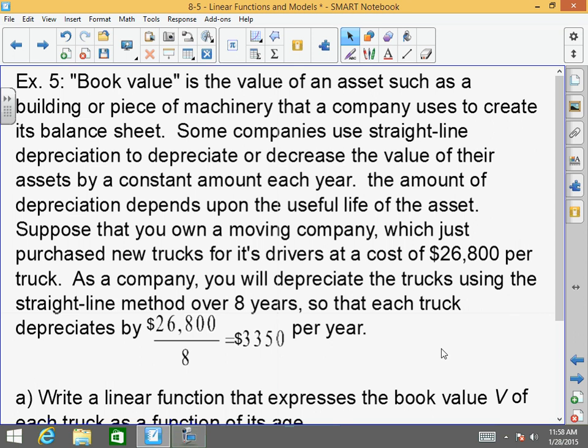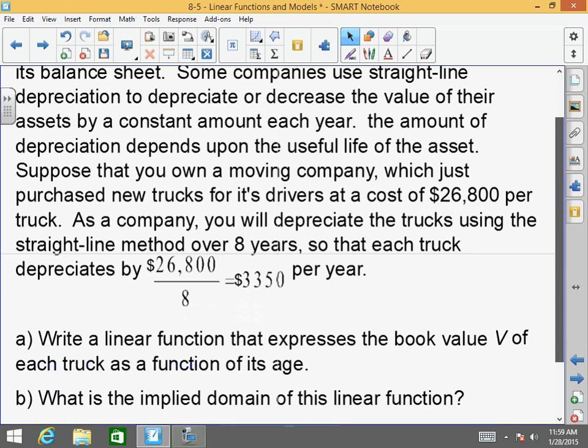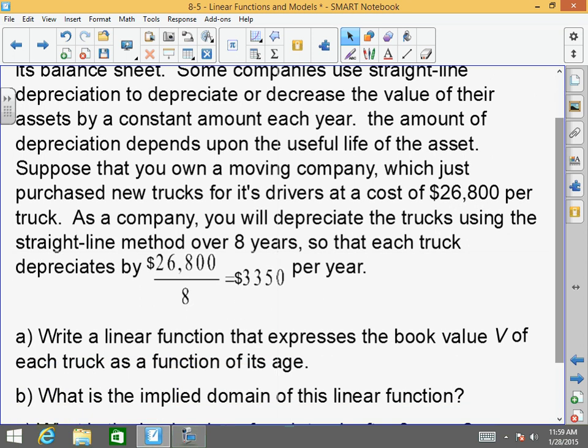Suppose that you own a moving company which just purchased new trucks for its drivers at a cost of $26,800 per truck. As a company, you will depreciate the trucks using a straight line method over 8 years. So that means that each truck depreciates by the following factor. If you take the 26,800 divided by 8 years, because that's going to be the life of your truck, there's a lot of wear and tear when you're moving, okay?